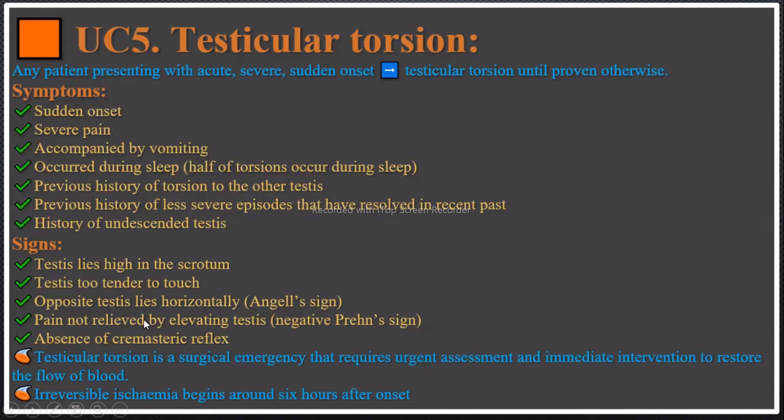Pain not relieved by elevating the testis, Prehn sign. Absence of cremasteric reflex, the most important sign here. They can mention in the scenario any of these signs and ask you which of the following signs can support your diagnosis.